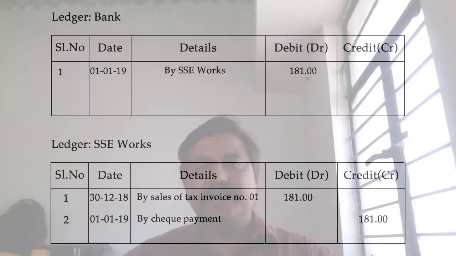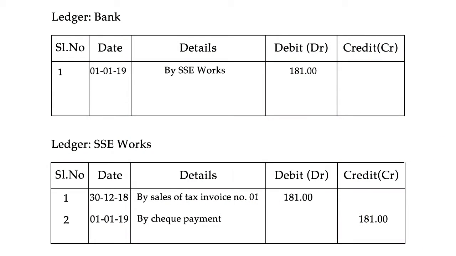Here, let's see how this receipt voucher is registered in a ledger. The bank is debited by 181 rupees and the SSE Works ledger, or the SSE Works account, is credited by 181 rupees.